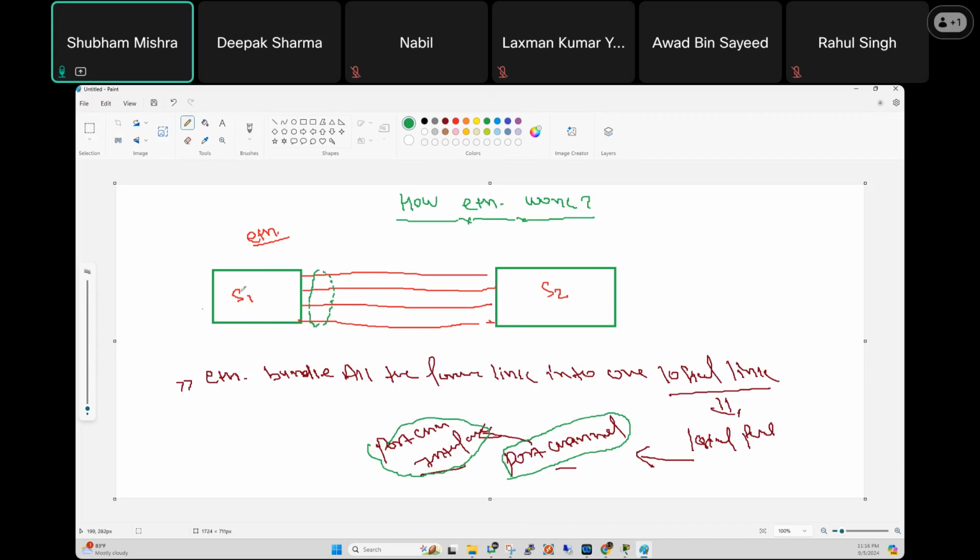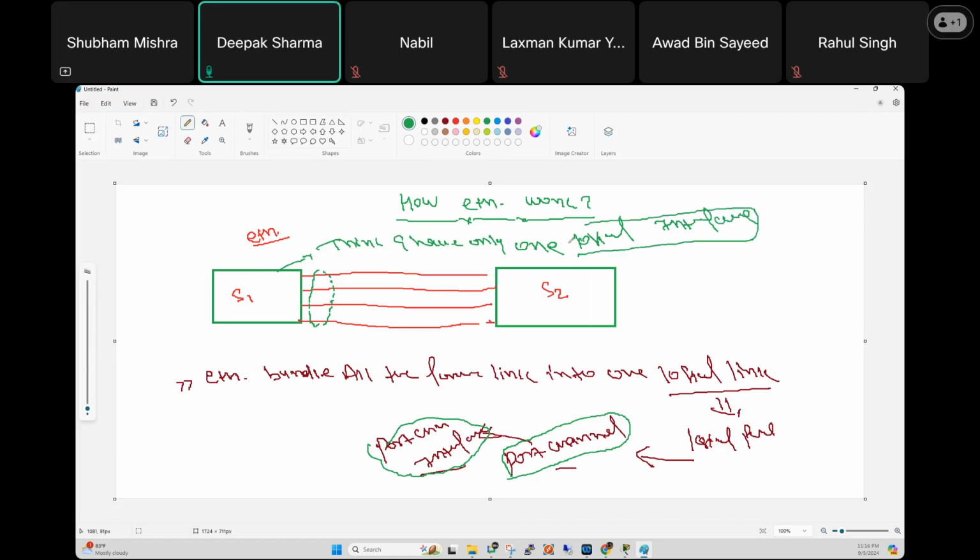Now this switch number 1 has only one interface, not four interfaces. Think switch number 1 has only one logical interface, not physical interfaces.